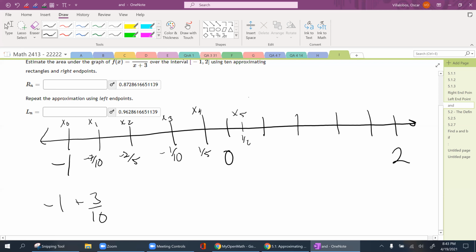Plus, 4 over 5 would be my x6, and 11 over 10 would be my x7. The reason it wasn't 0 is because it's not symmetrical between -1 and 0, using steps of 3 over 10. So 11 over 10 plus 3 over 10 gives me 7/5.